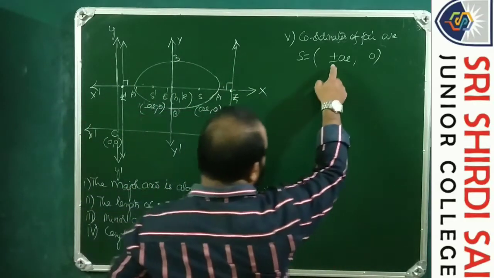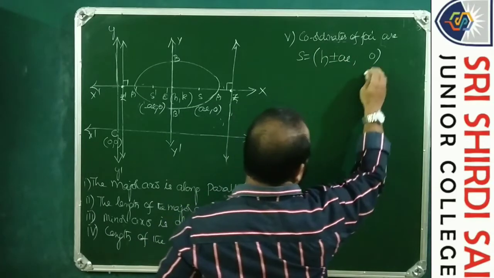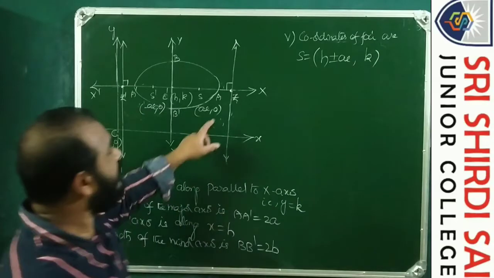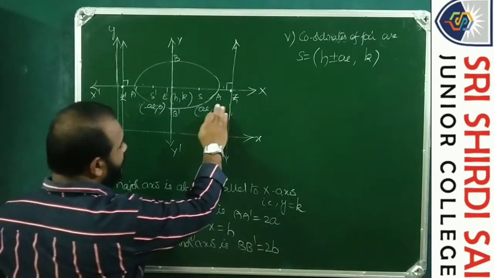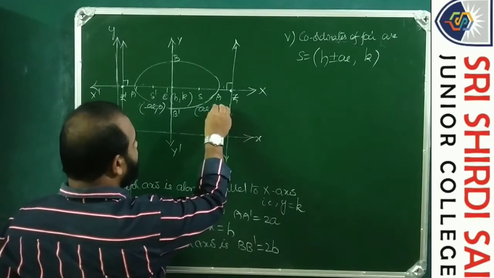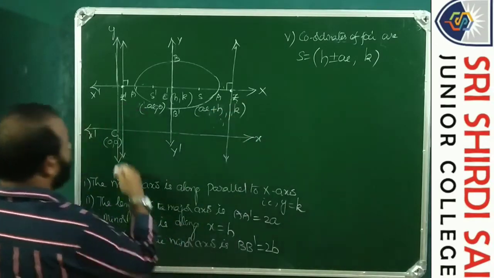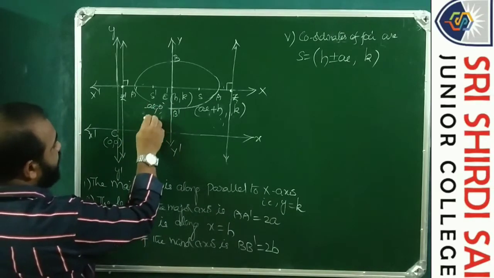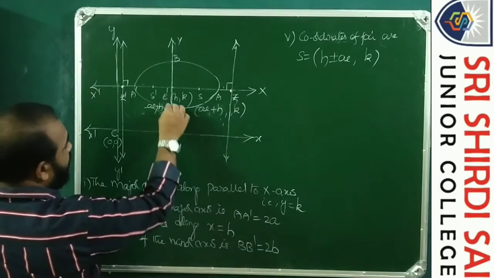Now here with x coordinate h will be added, with 0 k will be added. These are the ends of the foci. So here this is ae plus h comma k. Here this is minus ae plus h comma k.